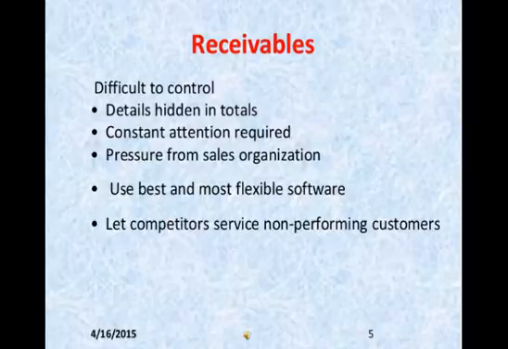You're always under pressure from the sales organizations because they want to make their sales. Again, the ability to control these is to use the best and most flexible software. You need to be able to slice and dice and take a look at views which sometimes you don't even know what you want to look at or how you want to look at it.